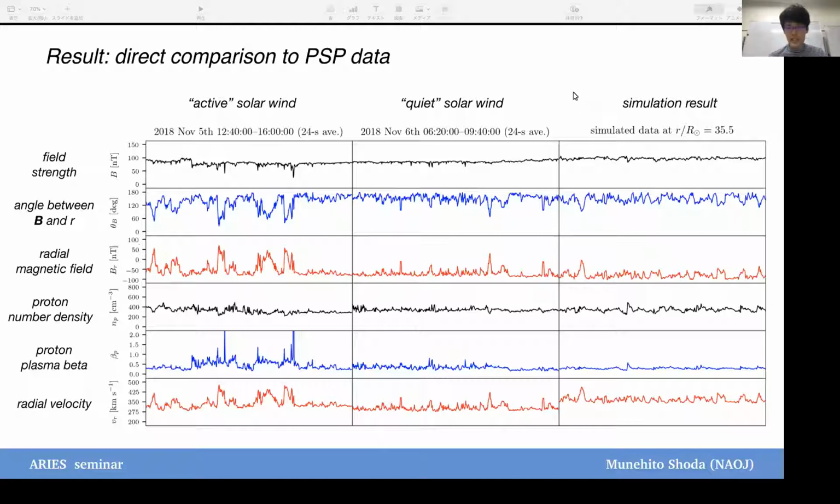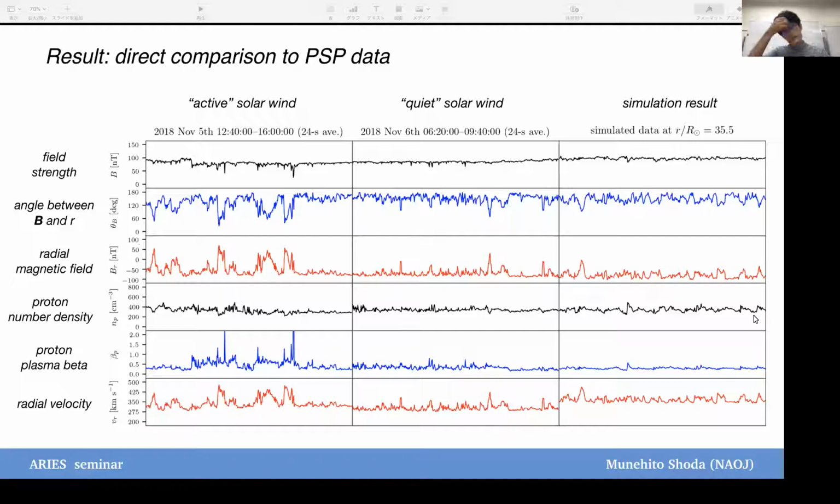Our simulation result is very close to the quiet solar wind. Of course, we have a fluctuation in the radial magnetic field, but the fluctuation is not so large. Meanwhile, we have a nearly constant magnetic field strength and nearly constant proton number density.